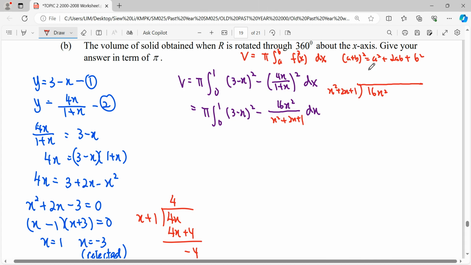How do we get 16x squared? We need a multiplier of 16, and find out the balance: negative 32x minus 16.